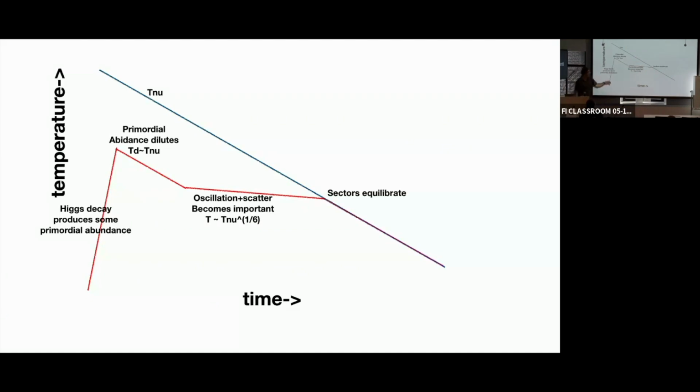At which point you now have a complicated dark sector or neutrino sector that then continues to dilute until the sterile neutrino becomes massive and goes away, and the sectors decouple.